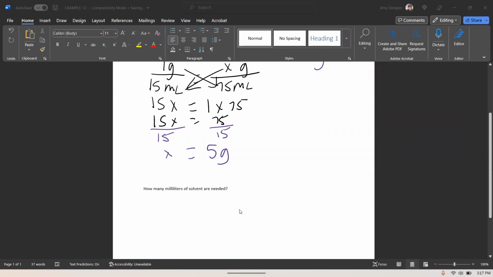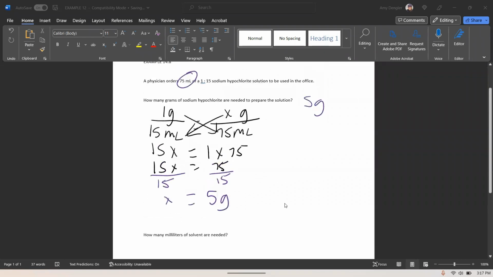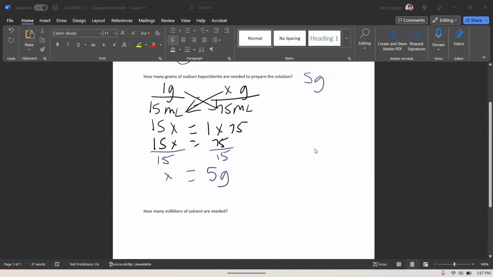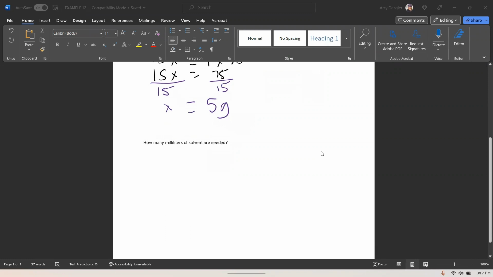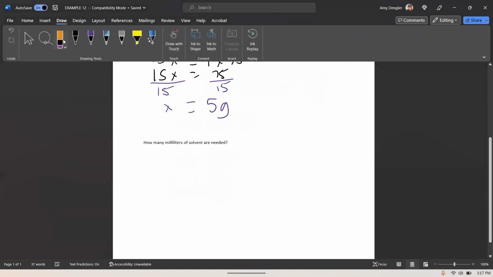Well, we're making 75 ml. So at the end, after we put in our sodium hypochlorite, we're gonna bring our final amount up to 75 ml. So we don't have an exact amount for that, so we're just gonna say QS 75 ml.